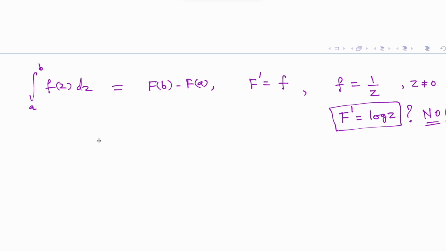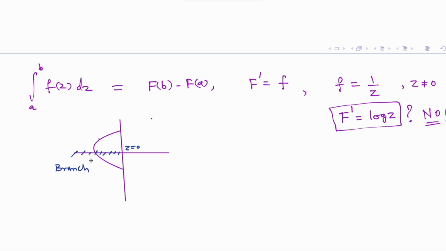For example, if you have a curve, let's say I want to evaluate this integral along this curve. Now the question is, z equal to 0 is the branch point, and the imaginary axis is going to be your branch.